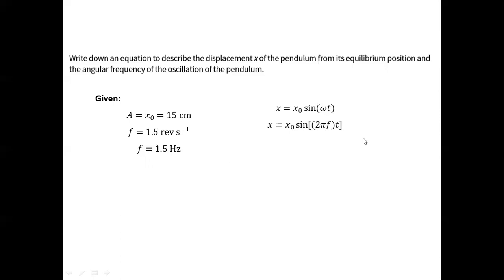Substituting the given values and simplifying, we'll have x is equal to 15 sine 3 pi t. This is the equation that describes the displacement x at any given time t, where 3 pi is the angular frequency.